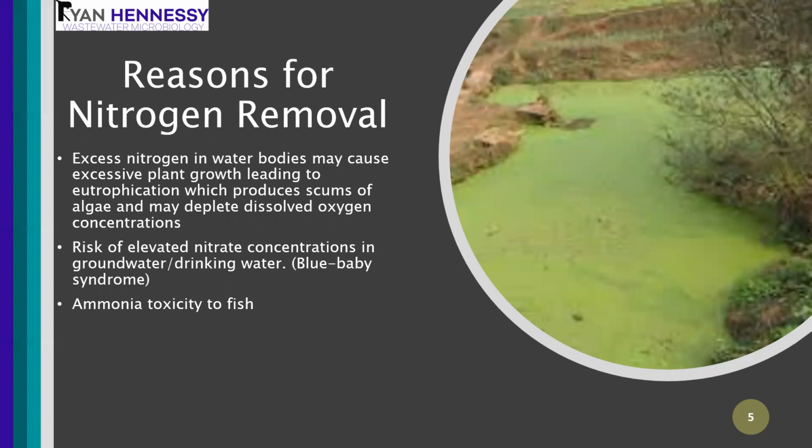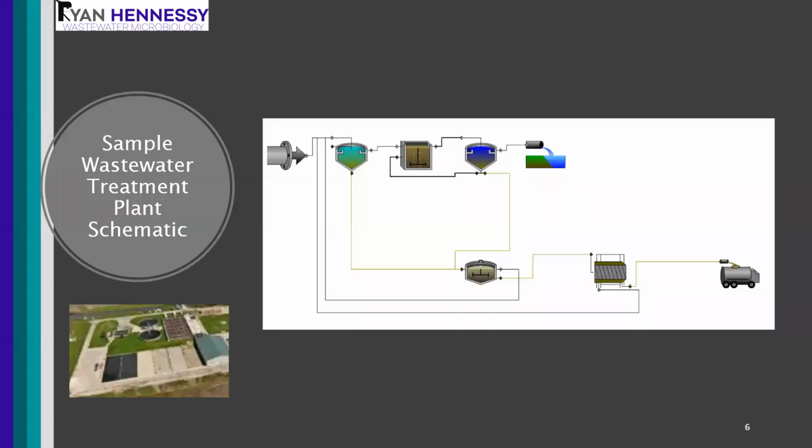Also, there's some ammonia toxicity to fish, which we'll get into. So depending on the location where you're located and what the receiving water body may be like in terms of what type of fish, recreational usage, that's usually going to dictate what you're looking at for your permit.